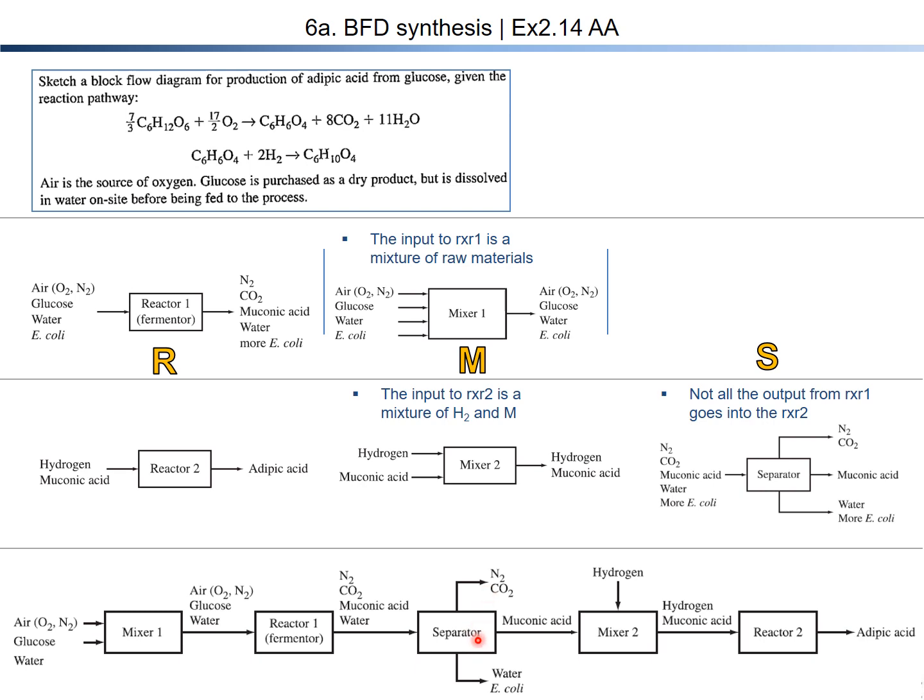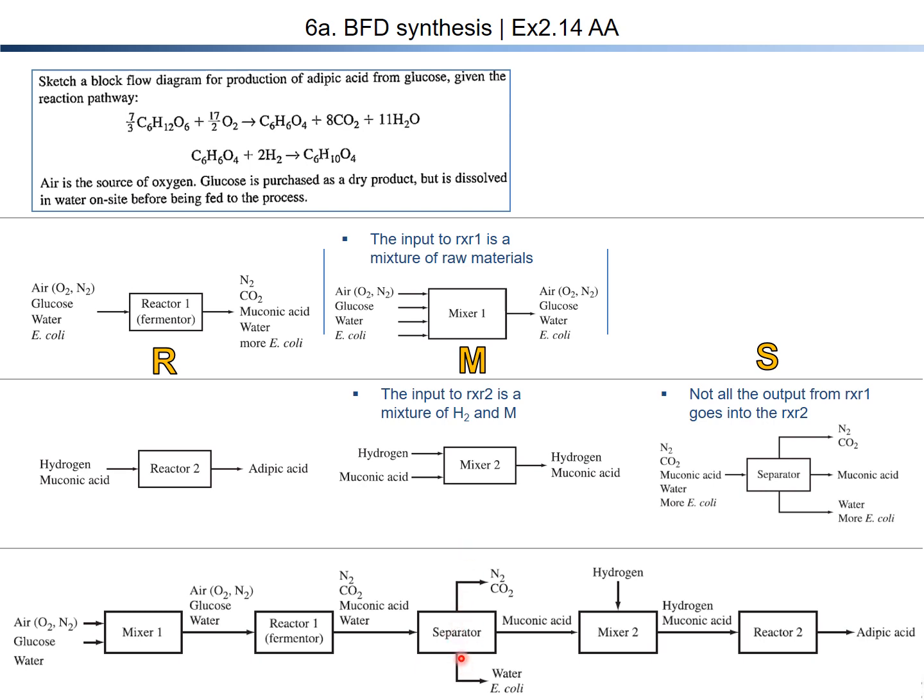So the separator has one input stream coming from reactor 1, but as output streams we have three different streams. Of course, the muconic acid should be introduced into mixer 2 from the separator after separation. Nitrogen and carbon dioxide are in the gaseous phase, so they go out from the top of the separator.